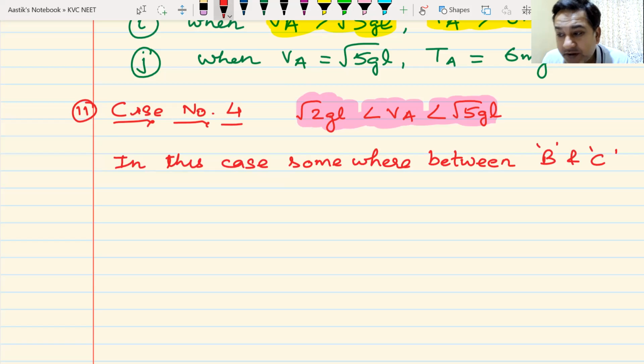It could be root 2.5 GL, 2.7, 3, 4, 4.5, 4.7, 4.8, whatever. It should be between root 2 GL to root 5 GL.